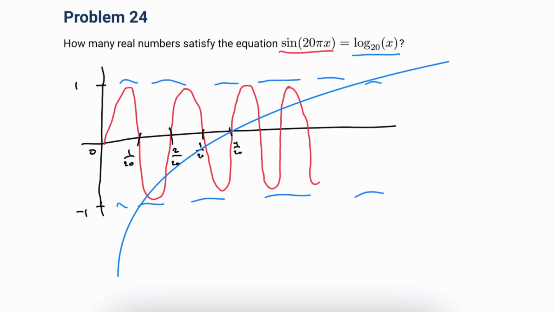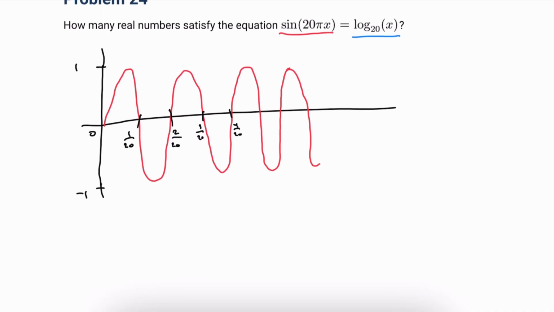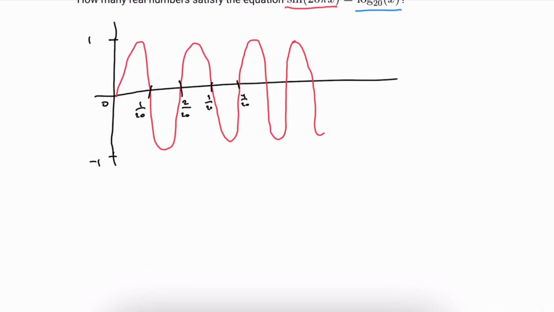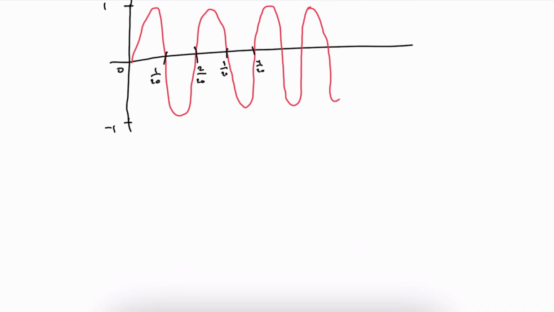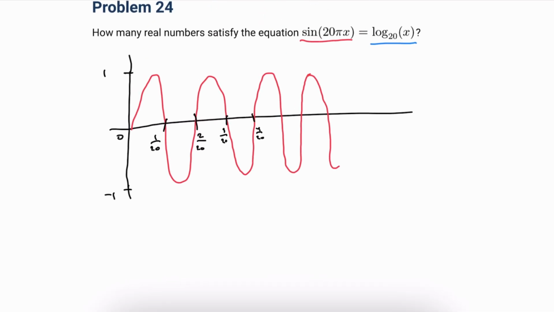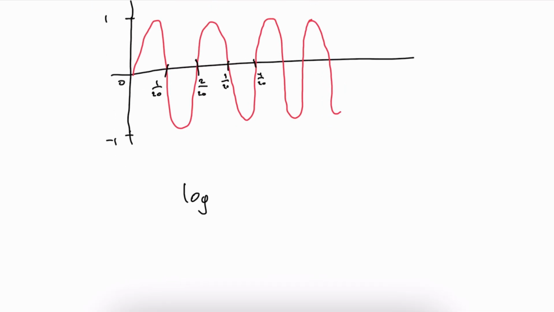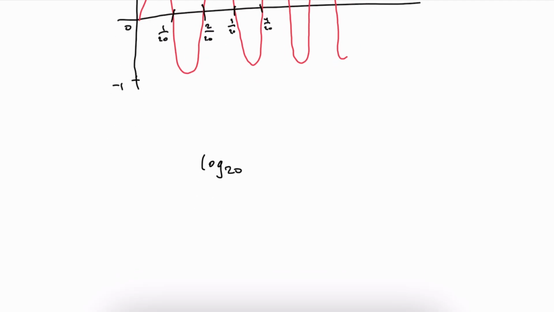And so the idea is we want to find where it is equal to -1 and where it is equal to 1, and then go from there. I guess we can try to do that. For when it enters the graph, we want log base 20 of x to be equal to -1.